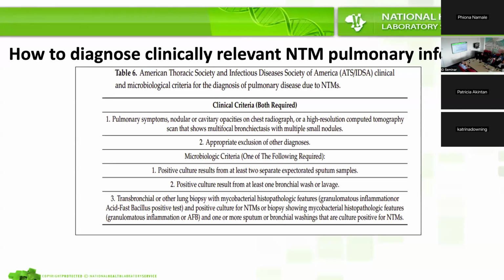And that would also be very interesting to look at, but also to showcase the zoonotic potential of these NTMs. So this is a slide that is maybe a little bit tedious, but just to get everyone on the same page of how we identify them from pulmonary disease sites. So you must fulfill these criteria. There must be constitutional pulmonary symptoms, and then also radiological changes. Number 2, you need to exclude an appropriate differential diagnosis.